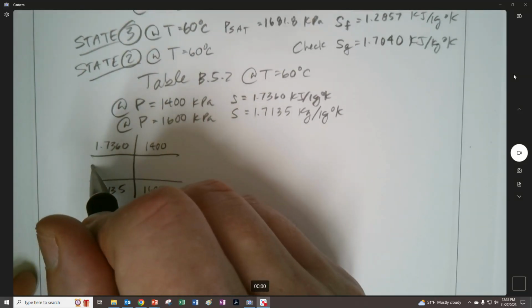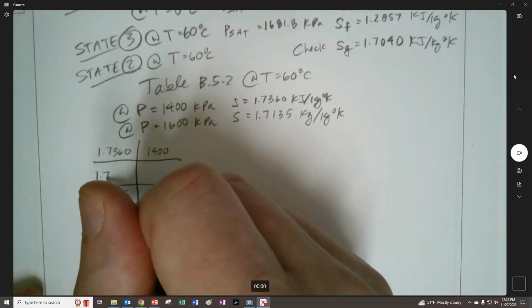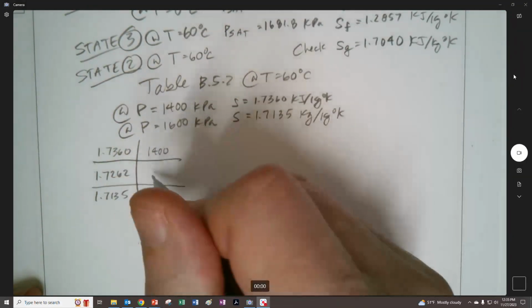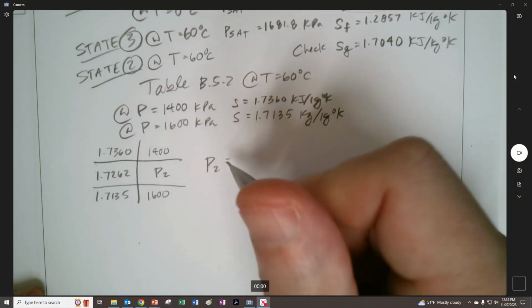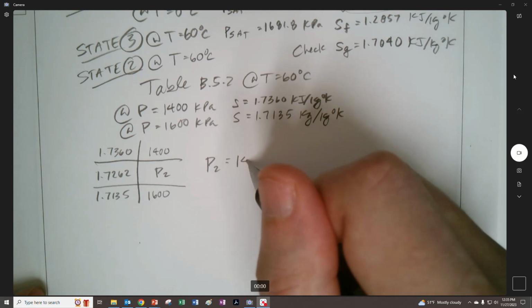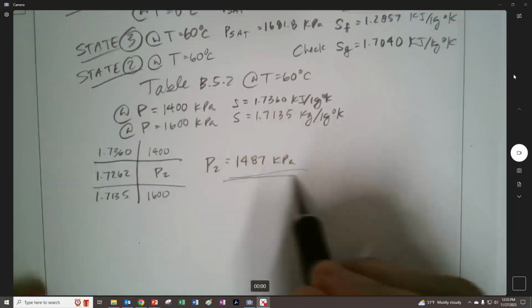We're going isentropic, vertically from here to there, to 1.7262, and that's the thing we want to find. I won't bother going through this interpolation again, but I did do it: 1487 kilopascals. So that answers one of the questions.